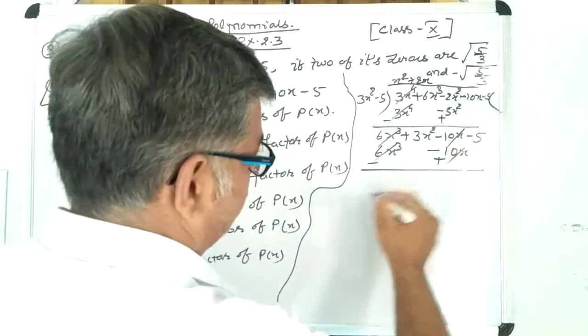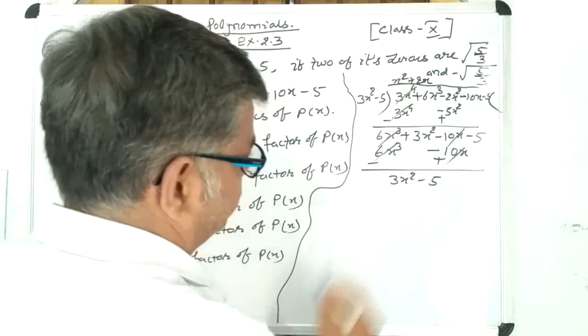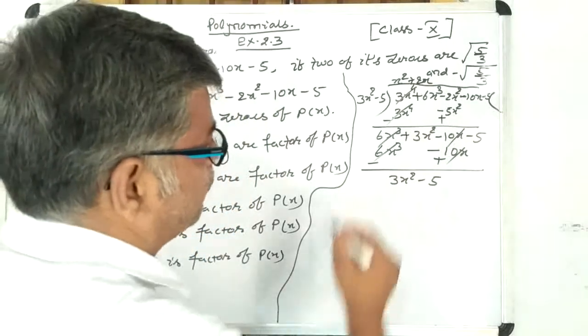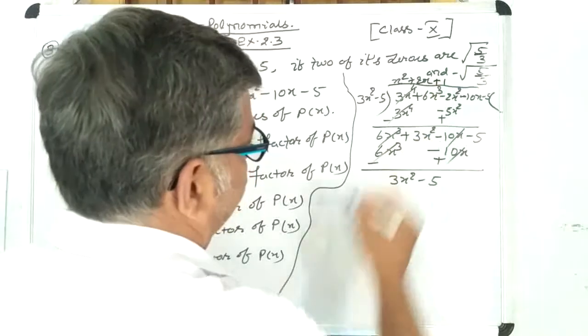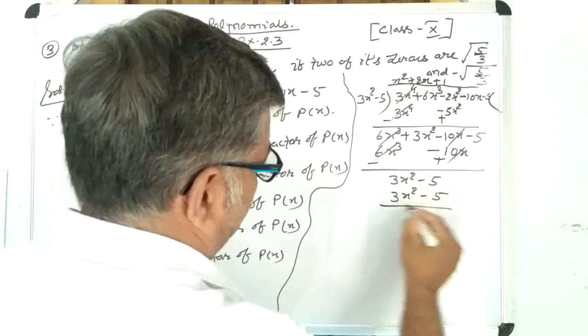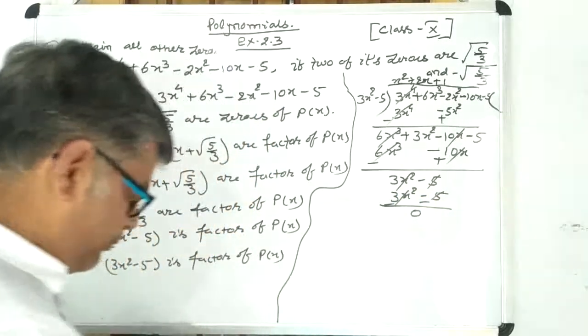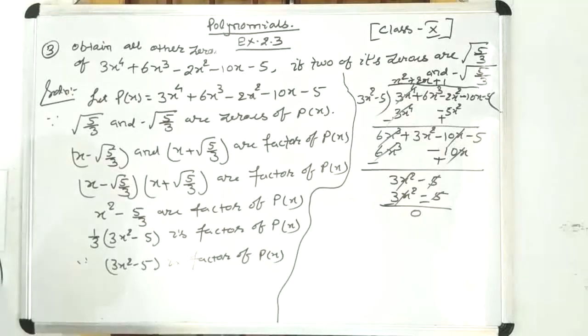This will be cancelled. Now you have 3x square minus 5. So it will go plus 1. So it will be 3x square minus 5. Again you change the sign, so it will get cancelled. So your remainder becomes 0.